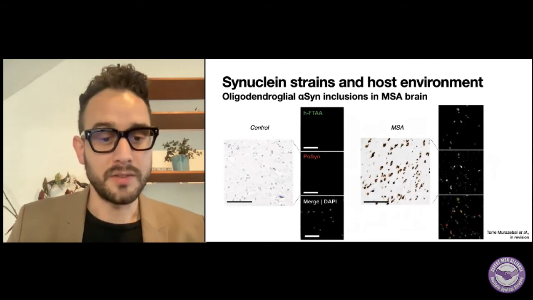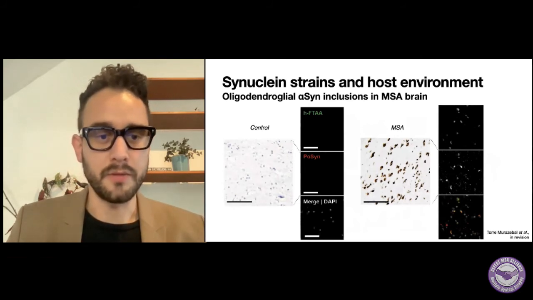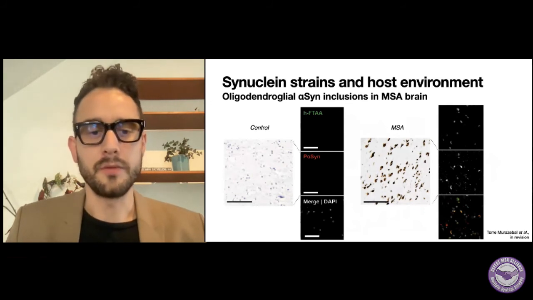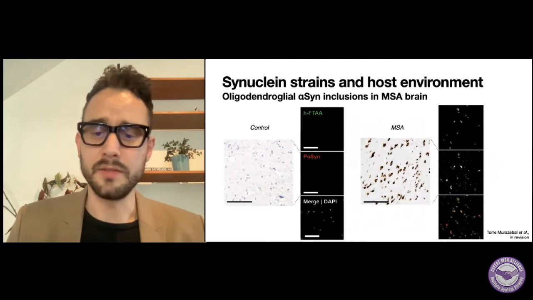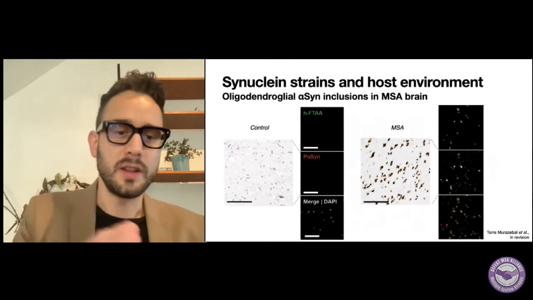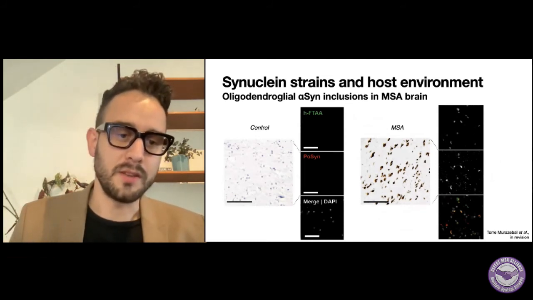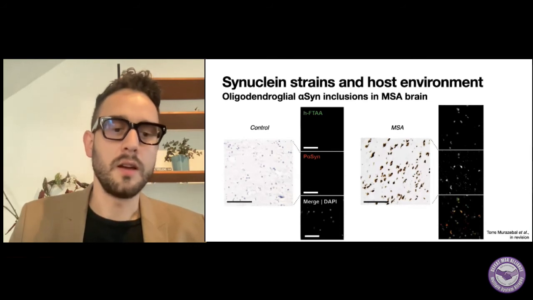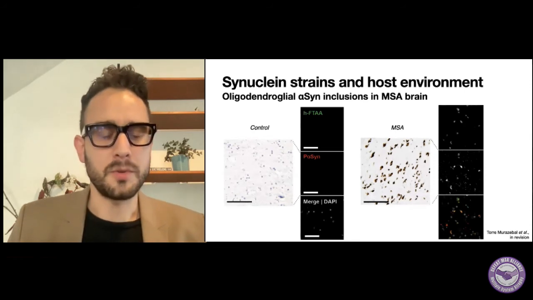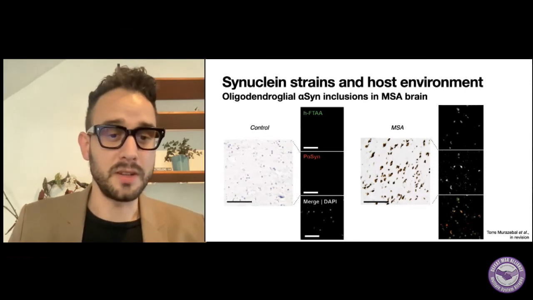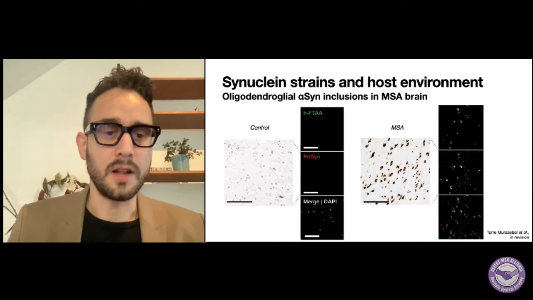And here you can see a second method of analyzing this, where we use fluorescent markers to label these aggregates in different ways. For instance, on the left panel of the picture, you again see the same control image, the same individual that doesn't have any pathology. Here at the top, you see a marker that specifically binds aggregated alpha-synuclein.